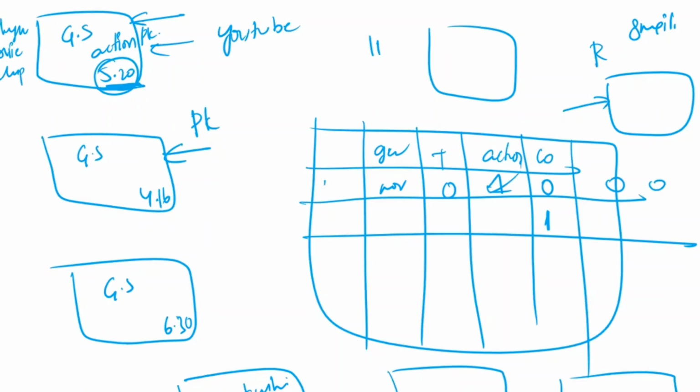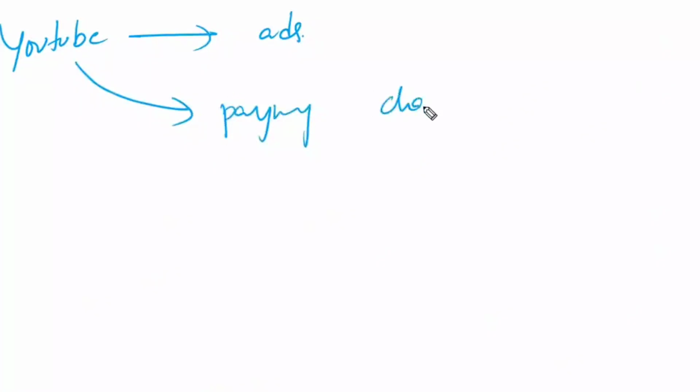So everyone knows that YouTube makes revenue only based on the ads. Now there are multiple YouTube channels for which YouTube is paying money, based on their subscribers, the number of views, and so on.